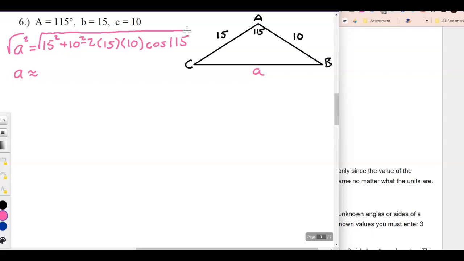So I get 21.3. Alright, so we got 21.3 for A.